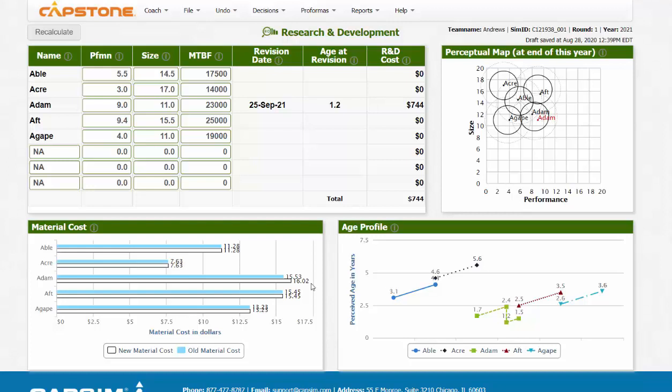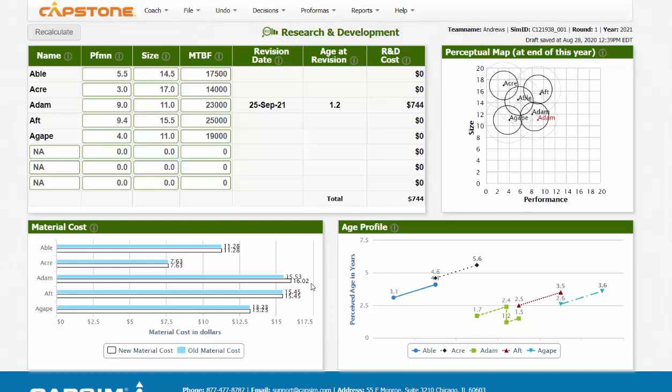Finally, we can also see that there is a change in the material cost. This is a better product that we are making. It is higher performing and it is smaller. So it's going to affect our material cost since we will have to use better materials. Our material cost moves from 15.53 to 16.02 after the revision.